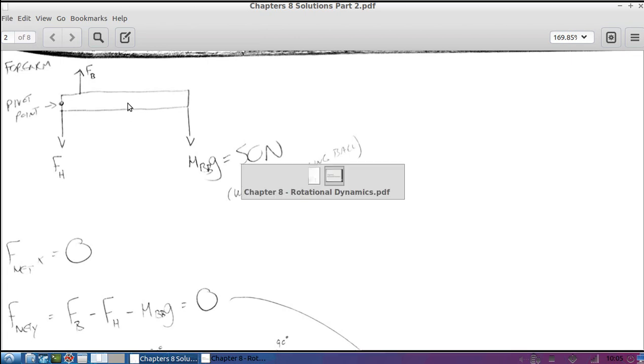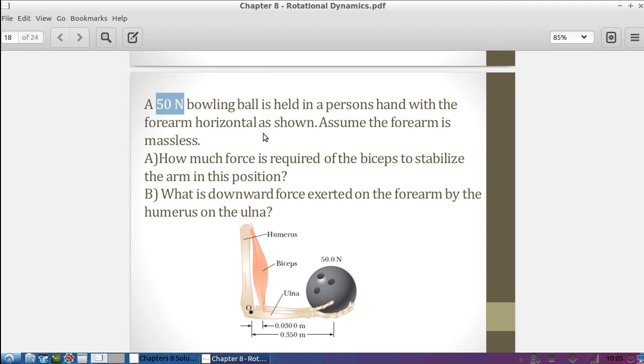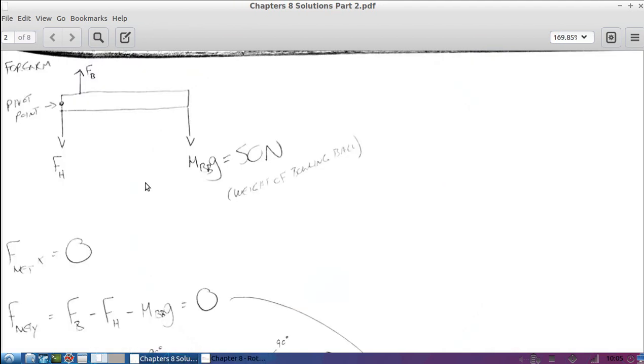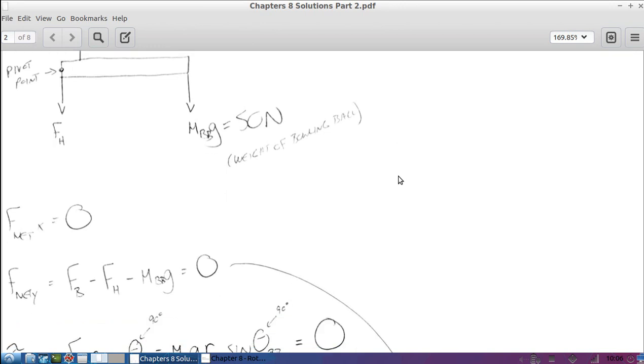I'd be given the mass of the forearm, and the length of the forearm, 0.35 meters. I would divide that by 2. That would be the location where the gravitational force on the forearm is acting. So I would have another force in the negative y direction, and I'd have to include that force in my Newton's second law equations.